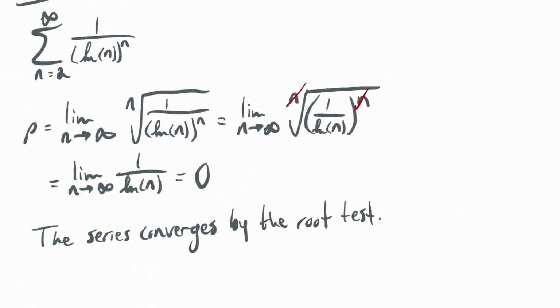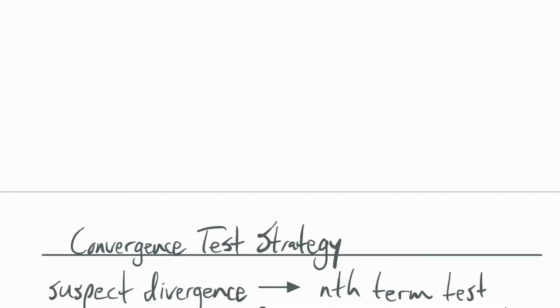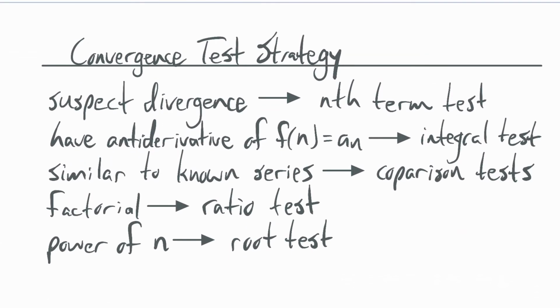I think next is the summary. So here's a general convergence test strategy. How do you know which test to use? If you suspect divergence of the series, use the nth term test, and that may be the easiest way to show divergence.